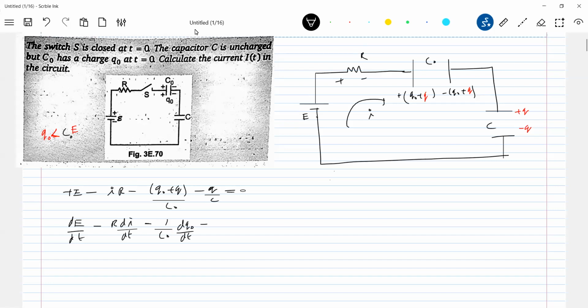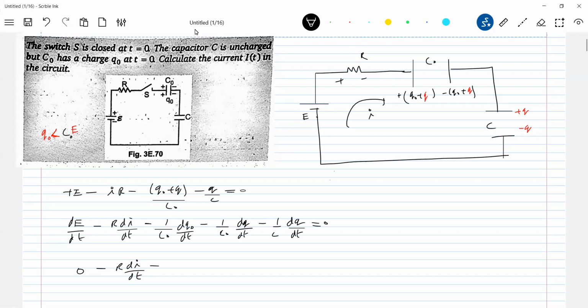Let me expand this, no problem. dq by dt, minus 1 by C dq by dt, all set equal to 0. So EMF of cell will be constant, minus R di by dt.